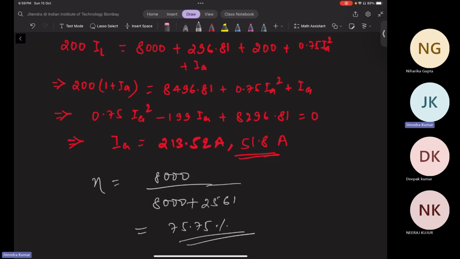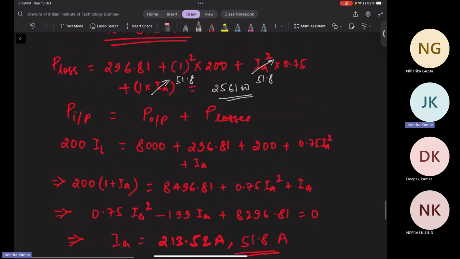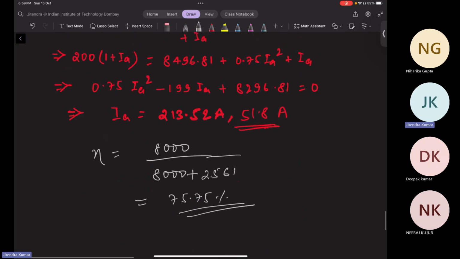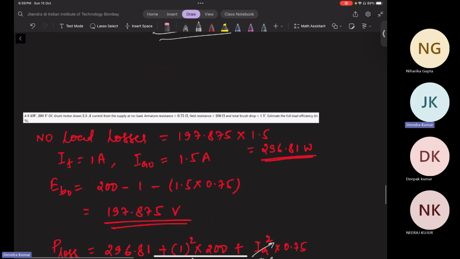Sir, by mistake, let us say we have taken the value of I_A as 213.52. Then the efficiency will go down very low. Okay, that will not be reasonable anyhow if you calculate. Let me calculate the armature losses at that condition. So 213.52 square into R_A, R_A is 0.75.